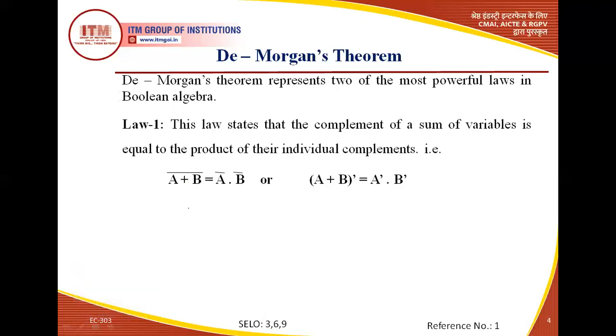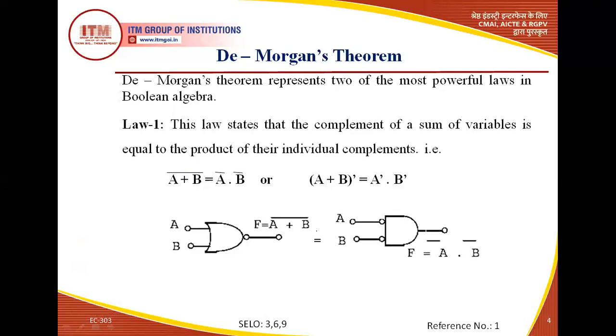Now, if we express this using logic gates, that is the function of the NOR gate. (a plus b) whole bar represents the NOR gate, which is equivalent to the bubbled AND gate.